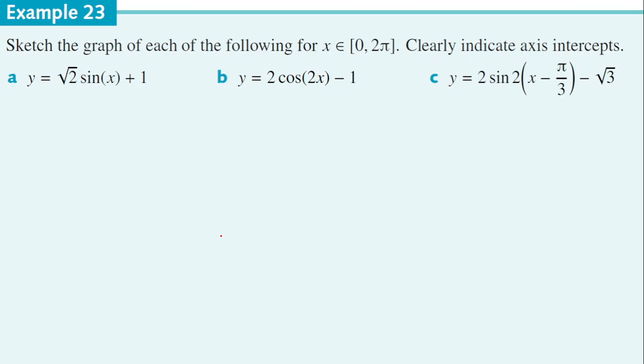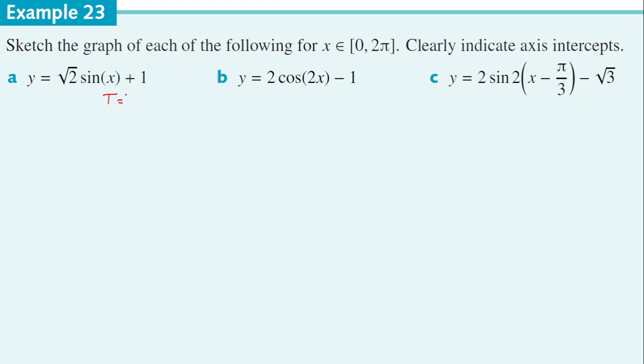Okay, next one. You need to sketch the graph from 0 to 2 pi. Clearly indicate the x-intercepts, and that's what we're going to focus on today. Now, before we do this, on 0 to 2 pi, always calculate the period.